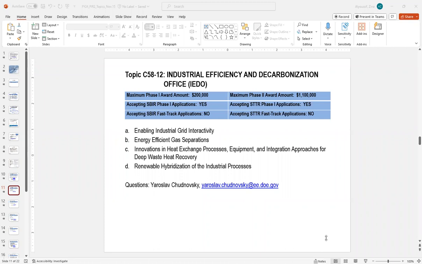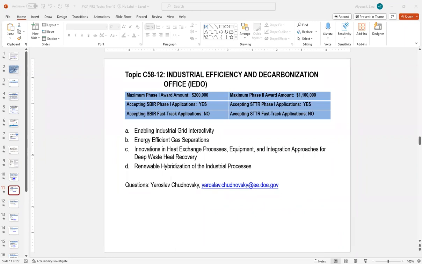Okay. Go. So next subtopic, I'm the topic manager. It's innovations in heat exchange processes, equipment, and integration approaches for deep waste heat recovery. So this topic, as many of you know, generally industrial energy losses to the environment are about 40 to 60%.